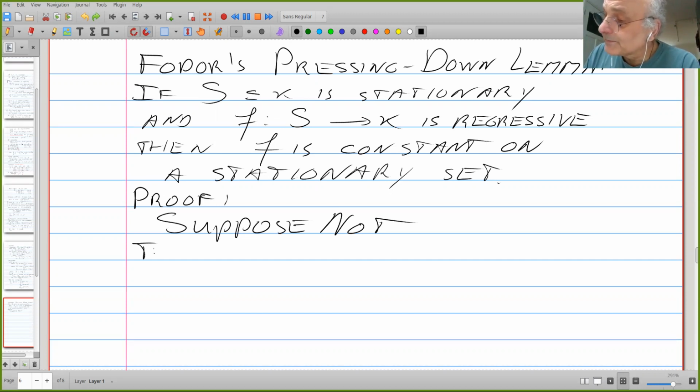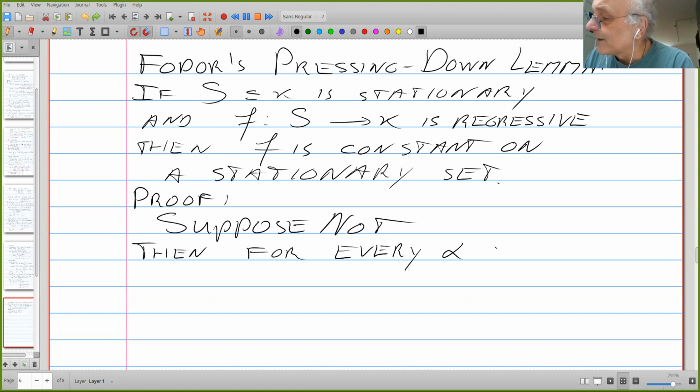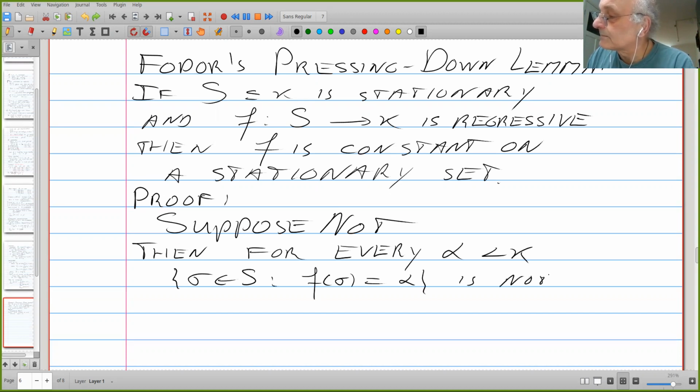Well, then for every alpha less than kappa, if we do suppose not, it simply means that for every alpha less than kappa, this particular set is not stationary. That is what we are saying when we say suppose not.